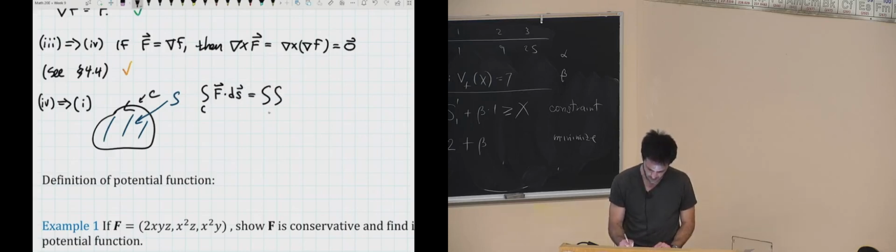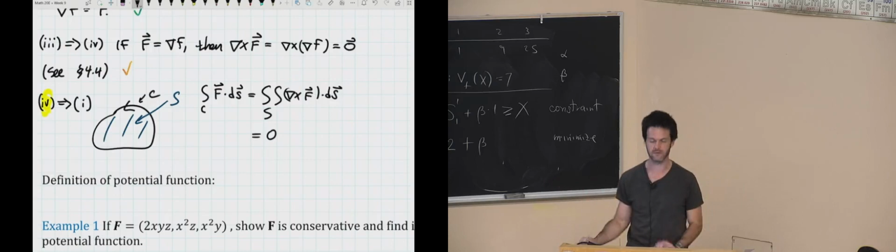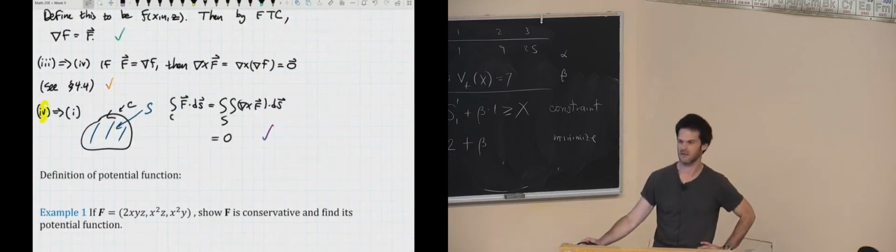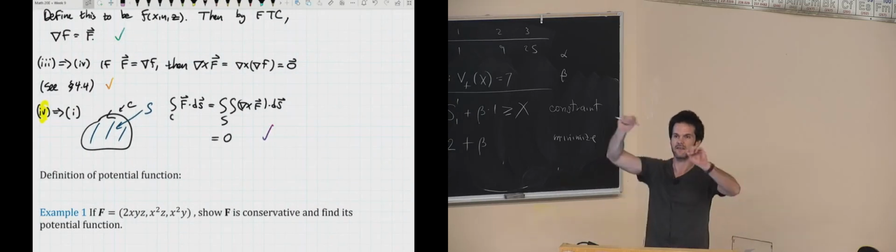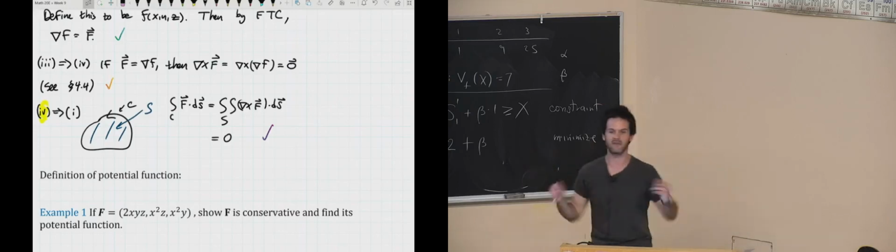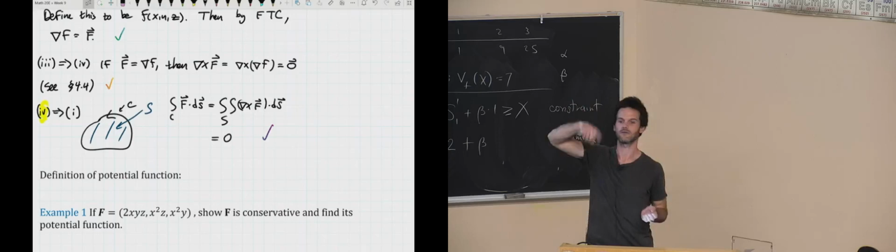This is the integral over the surface of the curl, but we just said the assumption of property 4 was that the curl of f is 0. So this is 0. Cool. All right. Any questions on that? It's kind of cute, right? I like the path canceling property one, where path independence is equivalent to the integral around any closed loop is 0.